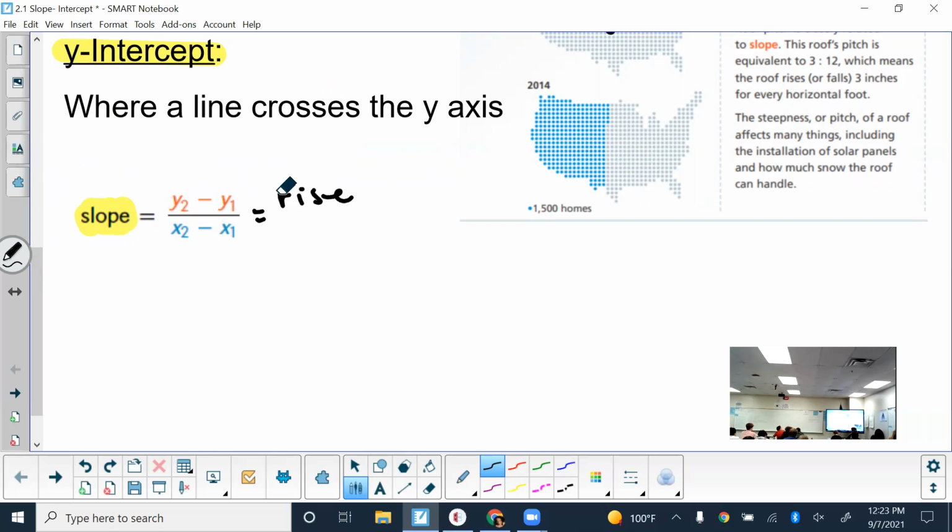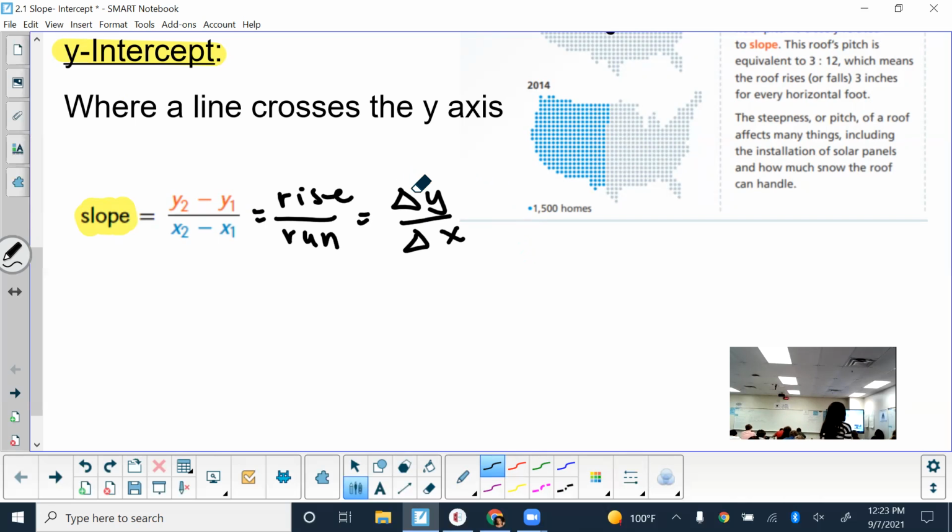We have rise over run. We have change in y over change in x. So yes, a triangle is actually a delta. Delta means change in. So change in y over change in x.